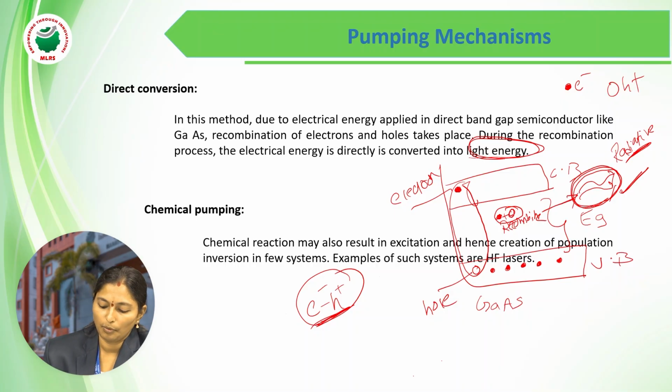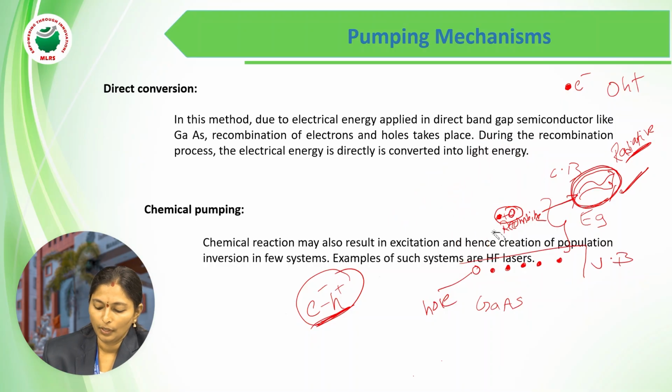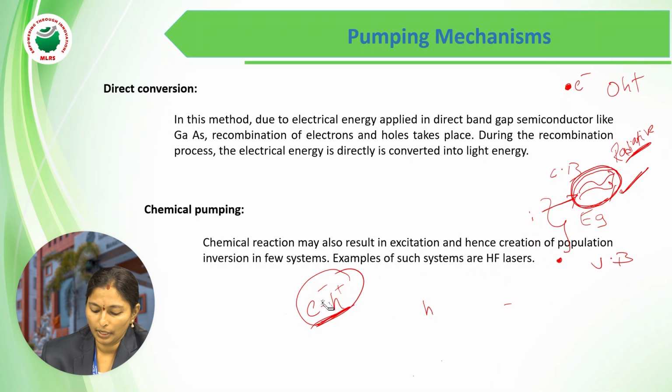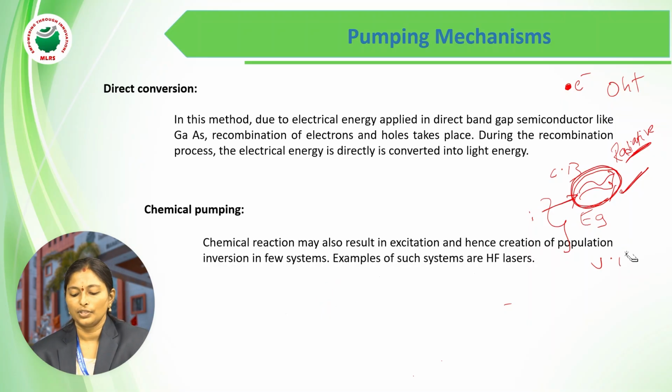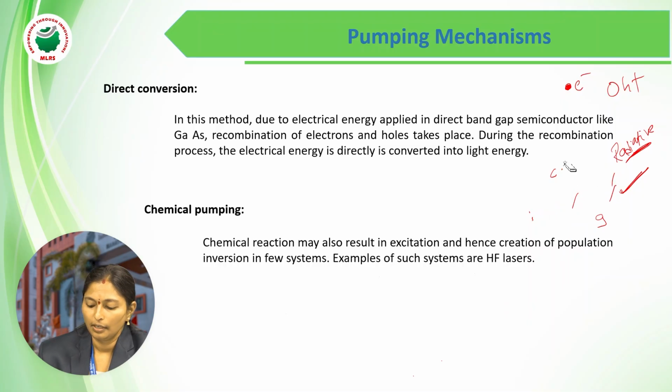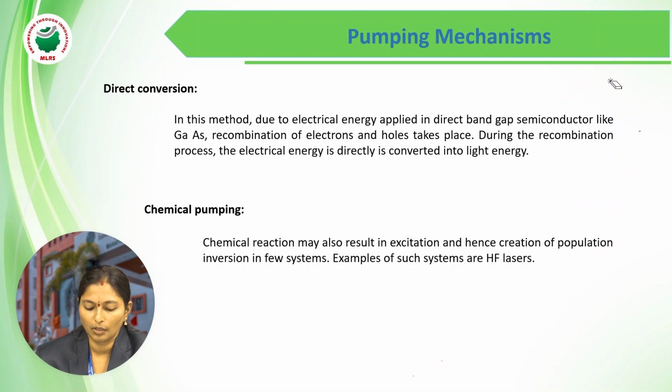So this is one type of pumping, and the last pumping is chemical pumping through some chemical reaction. This is very simple. Through some chemical reactions, the atoms will be excited. Then the population inversion state is created. The hydrogen fluoride laser is an example where we use chemical pumping.